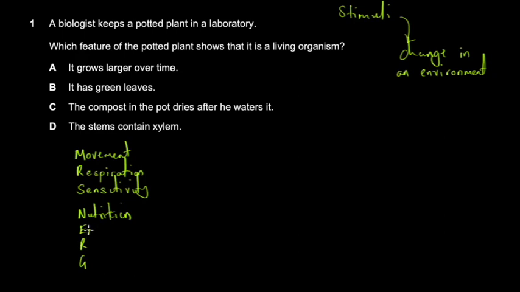And then E stands for excretion. Living organisms must be able to get rid of toxic waste. Sometimes when you digest food, some of the products are really toxic, and depending on concentration, you might have to get rid of some toxins from your body.